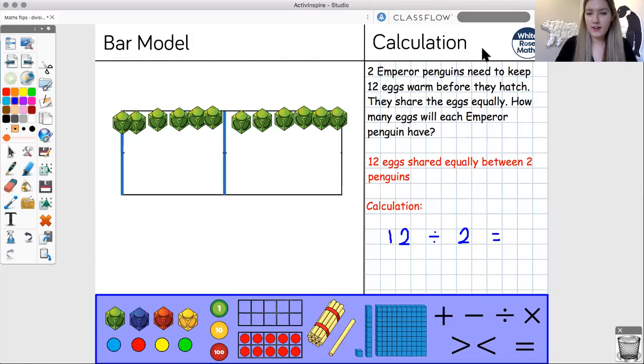Right, so I've shared my 12 eggs between my 2 penguins.